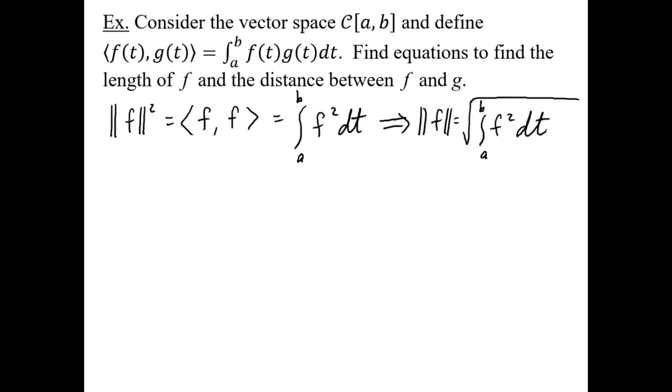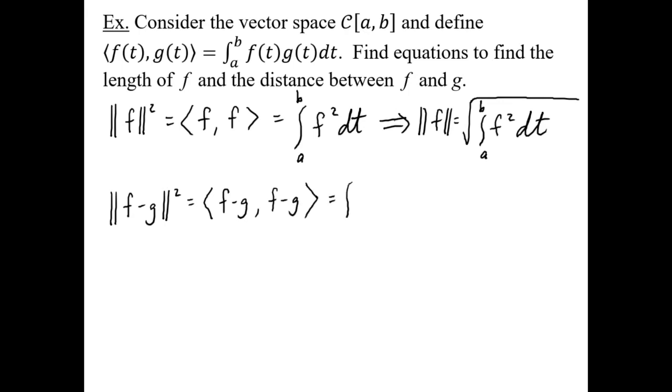And then to find the distance from f to g, remember that is the length of the difference of f and g, so the magnitude of f minus g. Well, that magnitude squared would be the inner product of f minus g with itself.